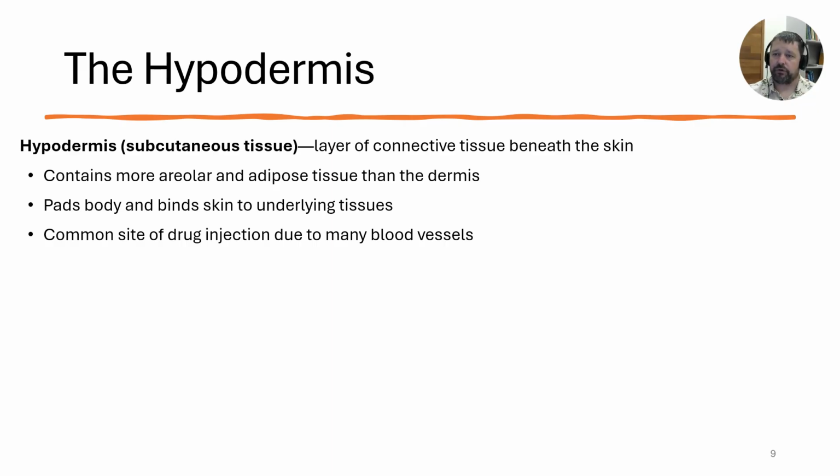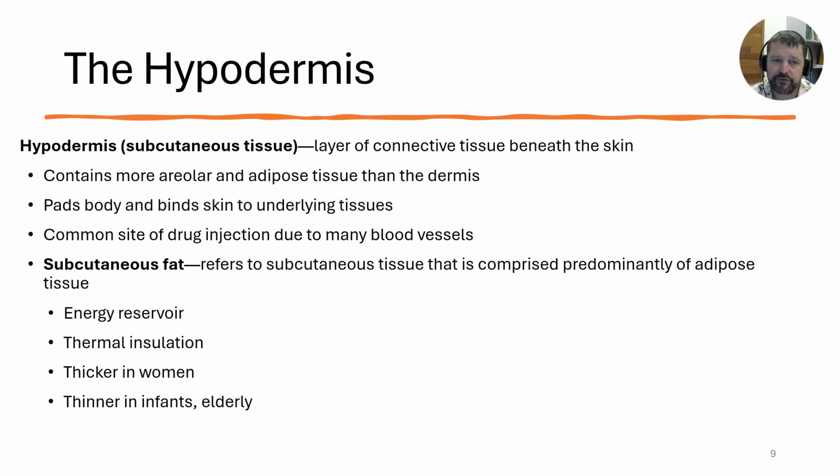Fat is a nutrient reserve and also a protective layer from forces that might damage muscle. So it's super important for body protection and padding, but especially for nutrient supply, because all those excess nutrients in fats can be hydrolyzed and used to grow new skin.